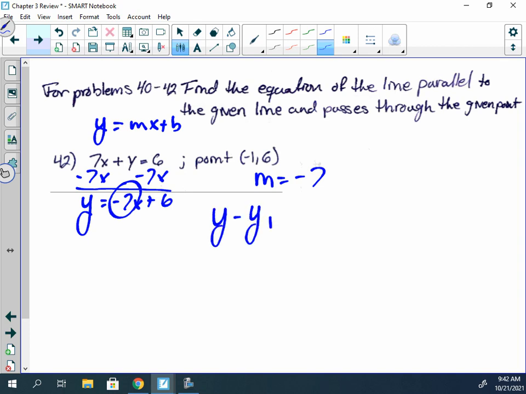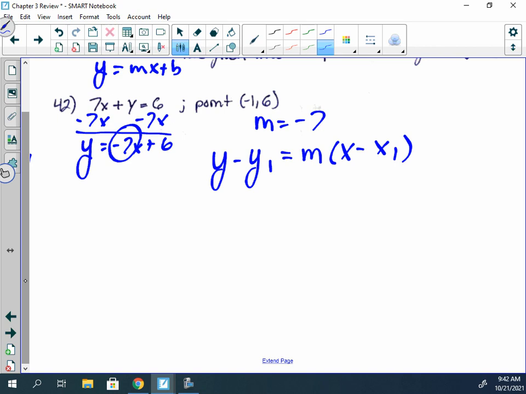Y minus y1 equals m times x minus x1. Y minus. Our point is always in the form of x comma y, so our y value is 6 equals negative 7 times x minus negative 1.